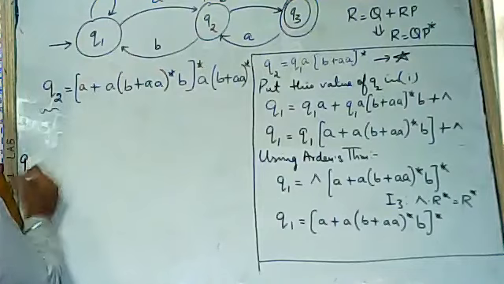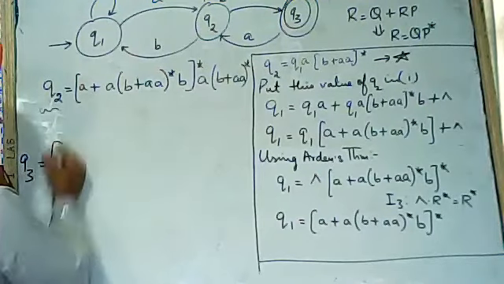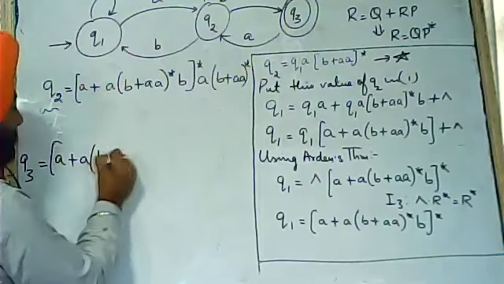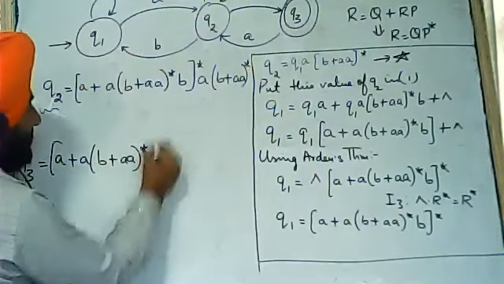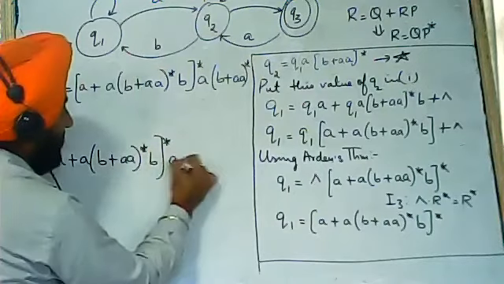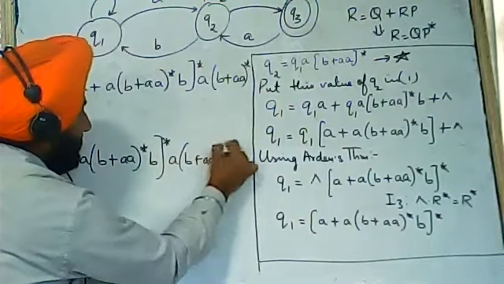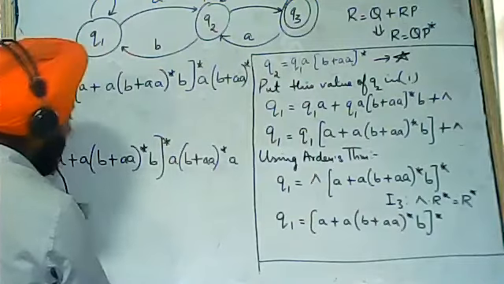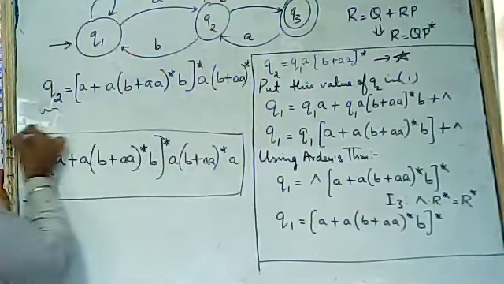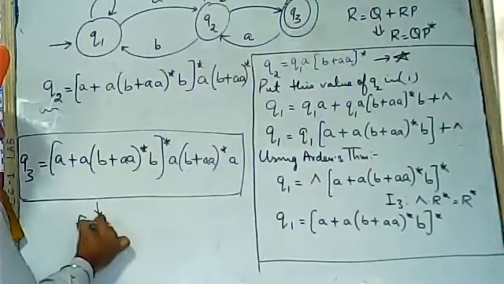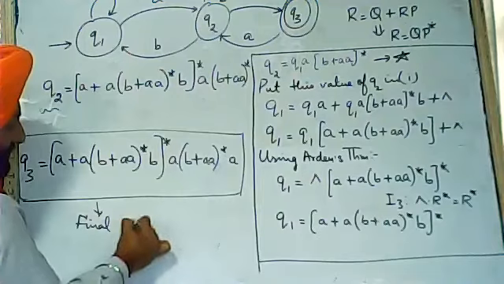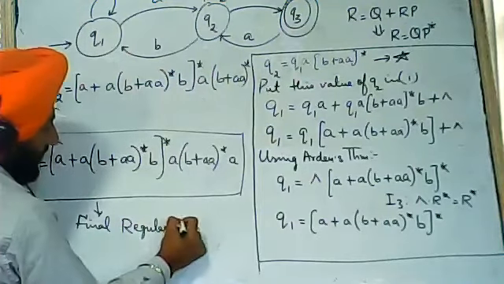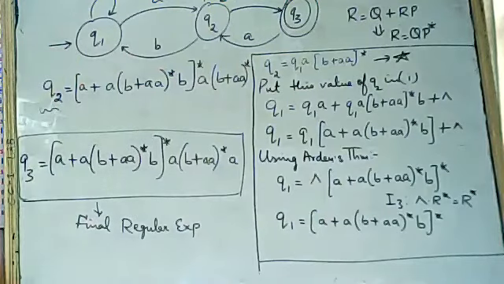So your Q3 will be A plus A, B plus A star B square bracket close, A B plus A star, and at last you have this A. So this is your answer, your final regular expression obtained by applying Arden's theorem, right?